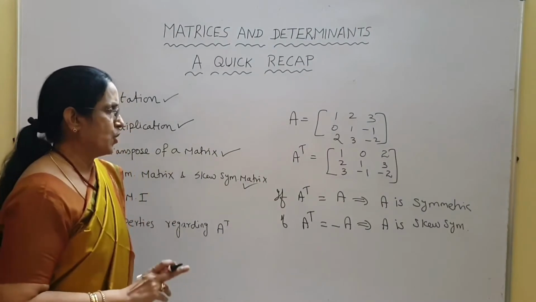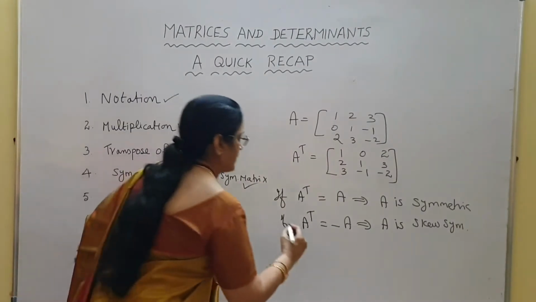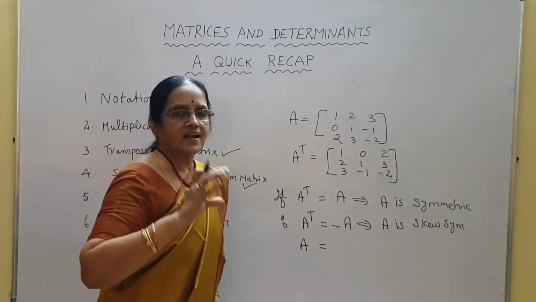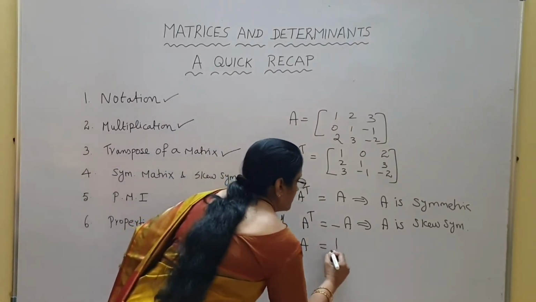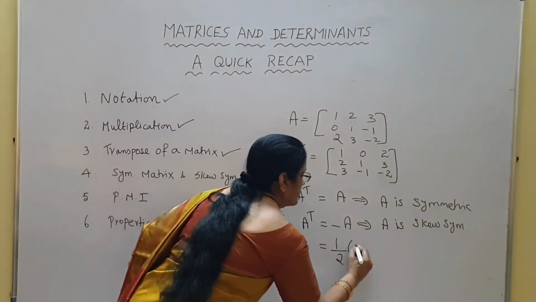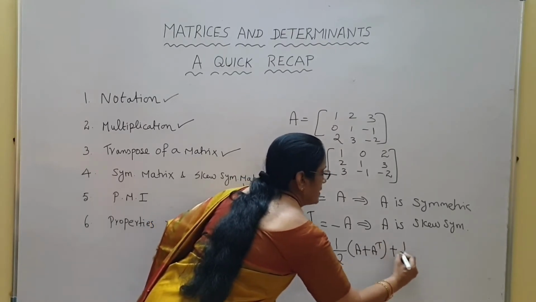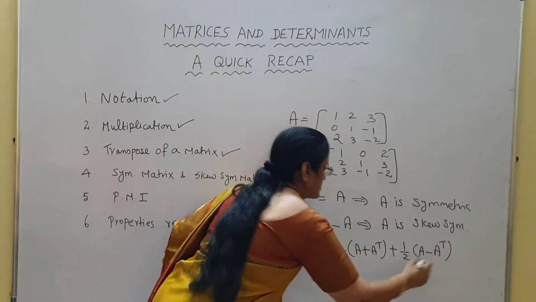Then also you should know any square matrix A can be written as a sum of symmetric and skew symmetric matrix, like half of A plus A transpose plus half of A minus A transpose.